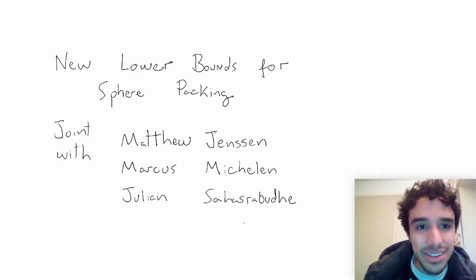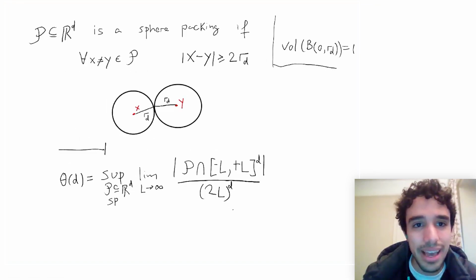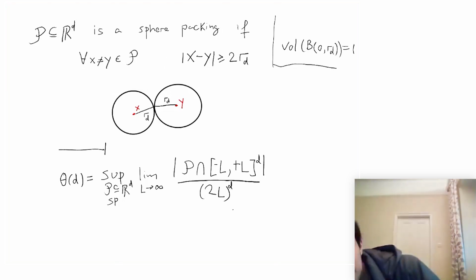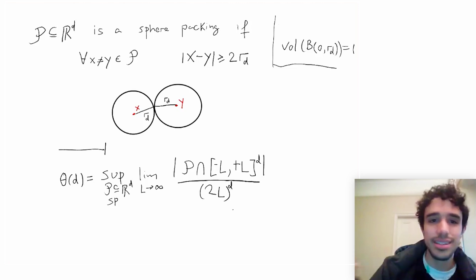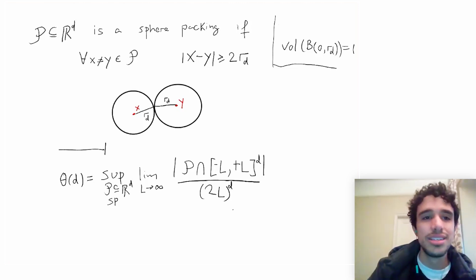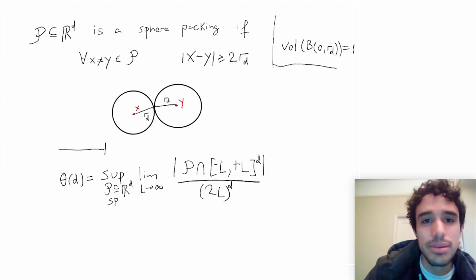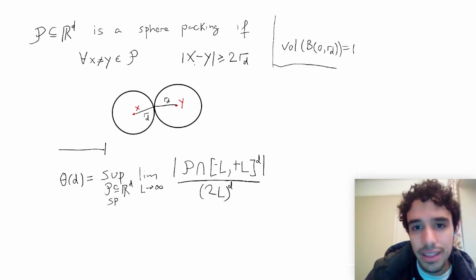Okay, so I'll start by defining what a sphere packing is for me. I'm defining it just using the centers of the spheres. So we take a set of points in R^d and we say it's a sphere packing if for all pairs of different points, they have distance at least 2r_d.